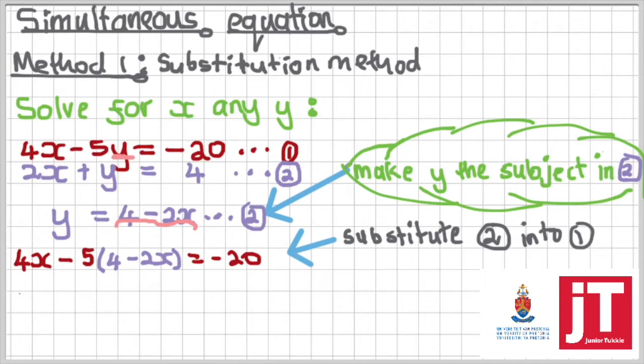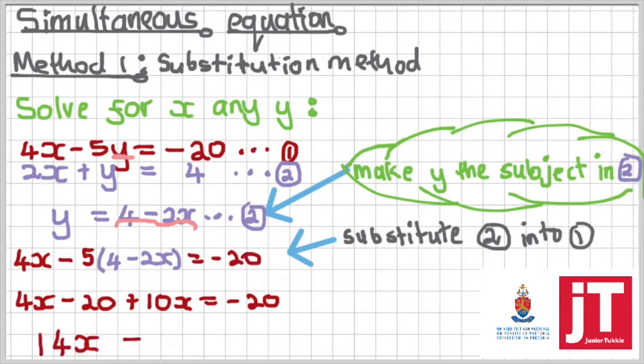Notice that equation 1 no longer has y. In place of y, I now have 4 minus 2x. I have created a simple linear equation which I can just solve by removing the brackets. I'll get 4x minus 20 plus 10x is equal to negative 20. If I simplify that further, I'm going to get 14x is equivalent to 0.